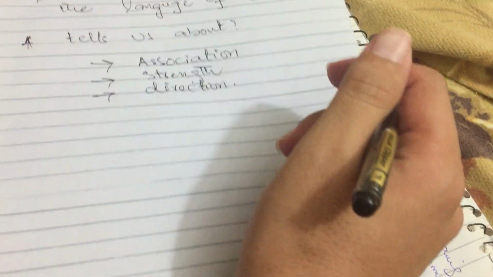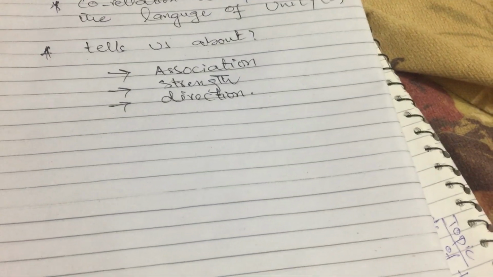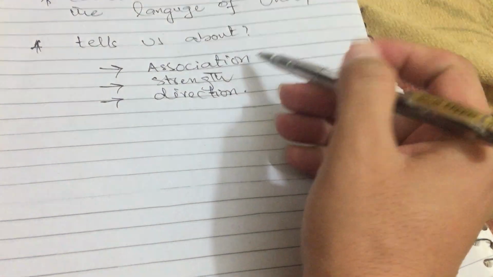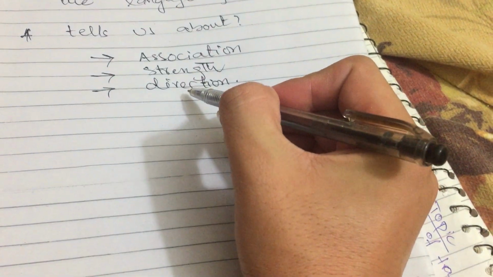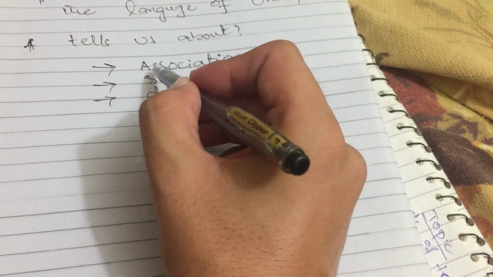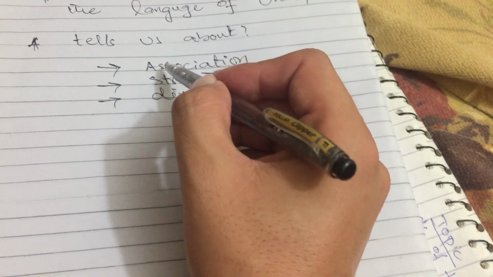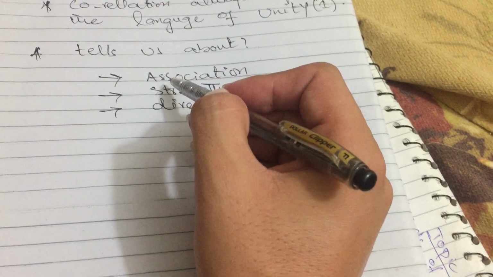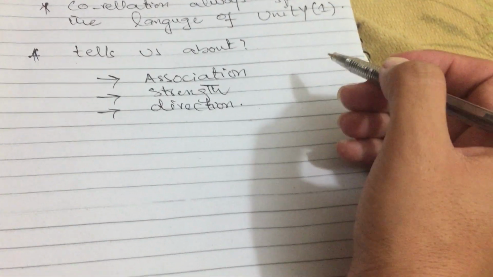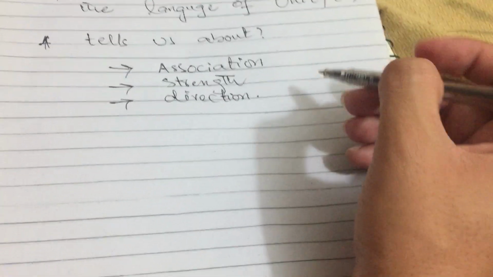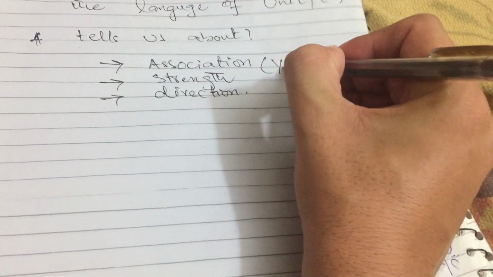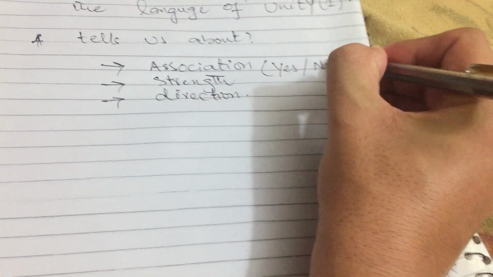Correlation helps us in identifying whether there is association or not, what is the strength and what is the direction. So first point is association. What do we mean by this association? So this correlation test helps us to identify whether there is the association between two variables or not. So the answer may be in the form of yes or no.